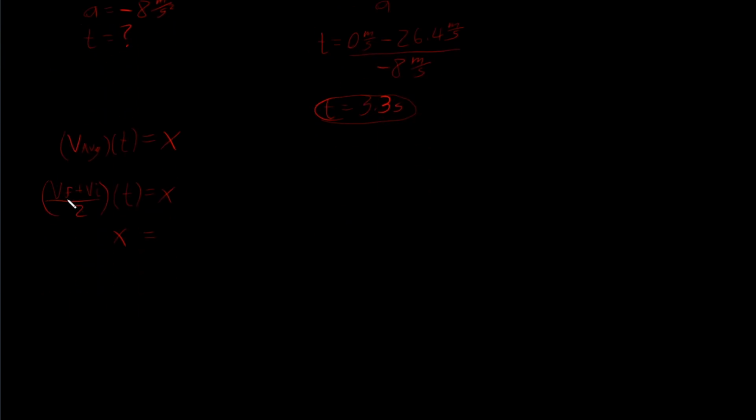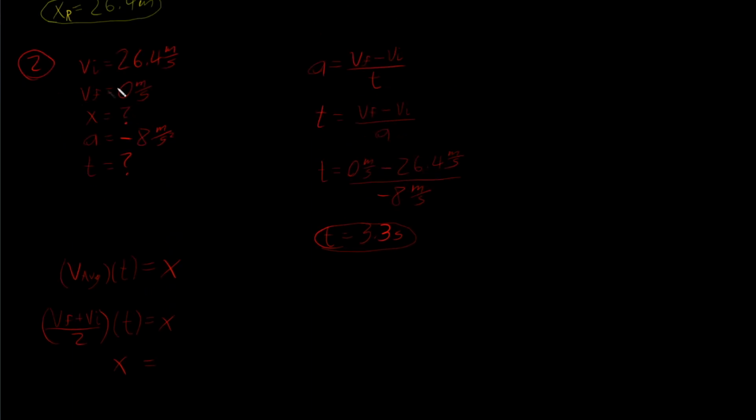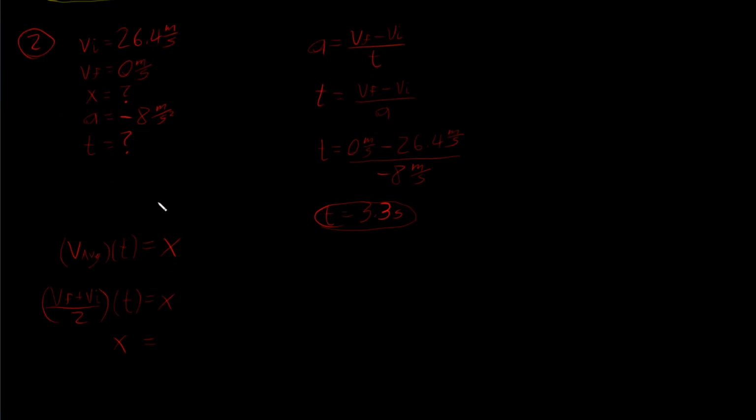So what is the final velocity in the stopping phase? That's 0, because when you come to a complete stop, you're going to be going at 0 meters per second. Okay, what is the initial velocity? That was 26.4 meters per second. That's all divided by 2.